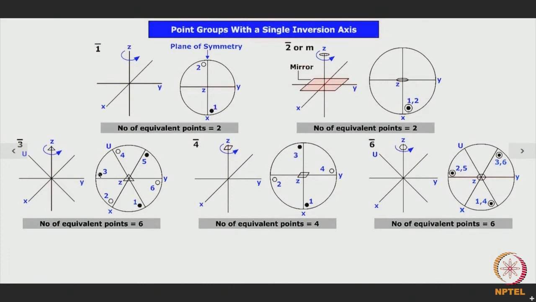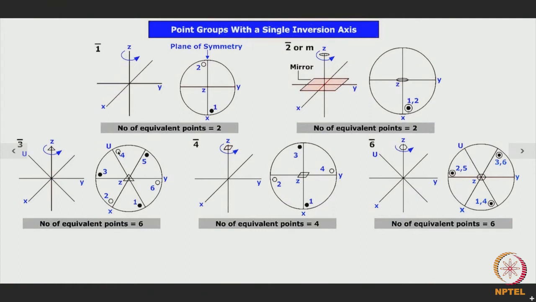Then comes the next rotation. 3 would have gone to point 1 in the next rotation, but it is a threefold roto-inverter. So, after rotation it gets inverted through the center and comes over here at a different level. So, 3 will produce 4 at a different level.